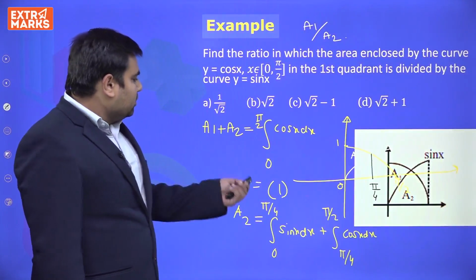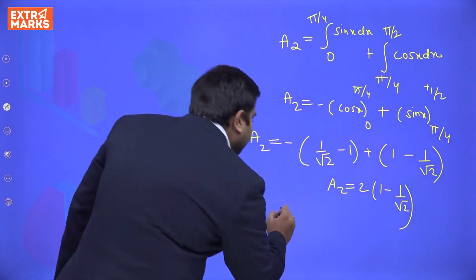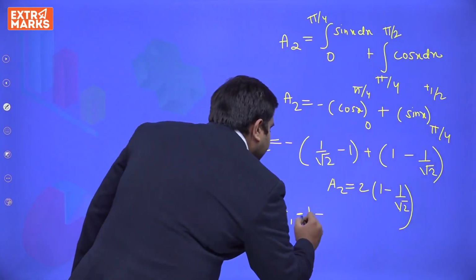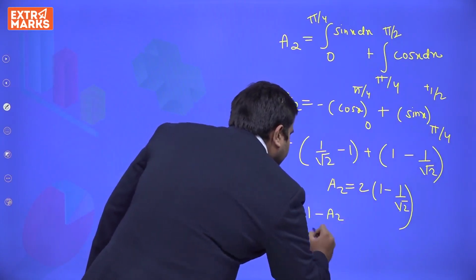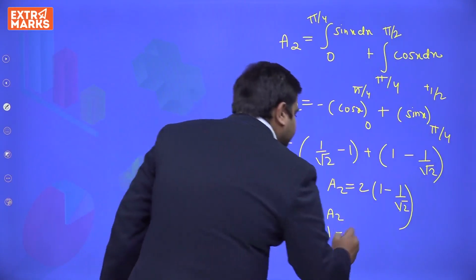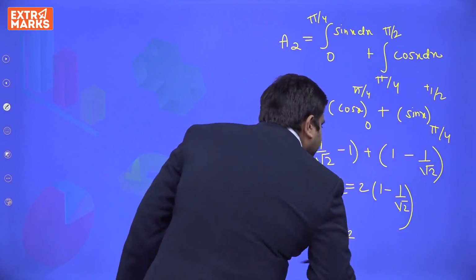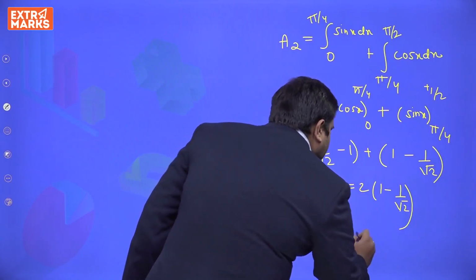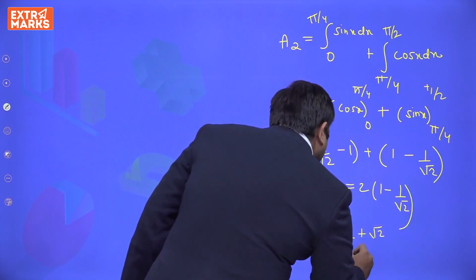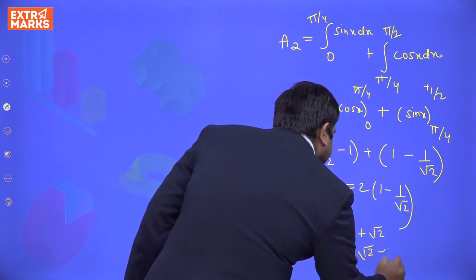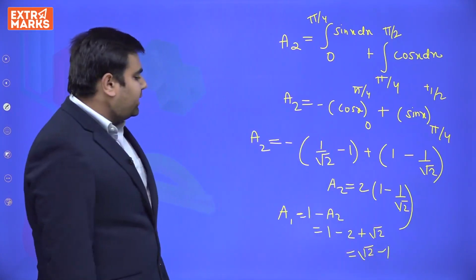Now let's find a1. a1 is 1 minus a2, which is 1 minus 2 minus 2 by root 2, so this would be plus root 2. So this is root 2 minus 1.